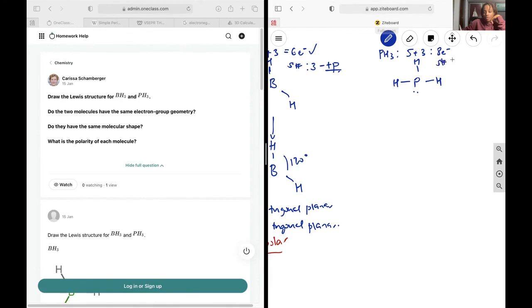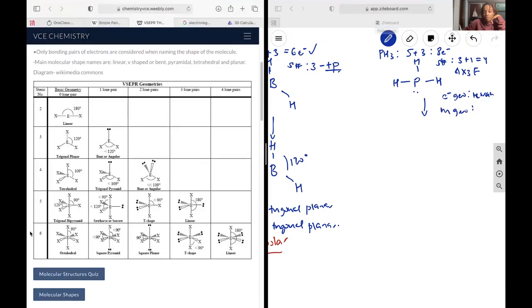My steric number is going to be 3 plus the 1 lone pair, 4. Its notation will be AX3E. What that means is it will have an electron geometry of tetrahedral, but a molecular geometry of trigonal pyramid.